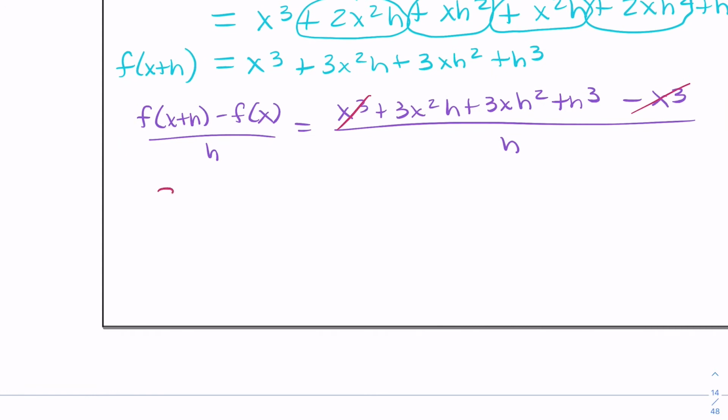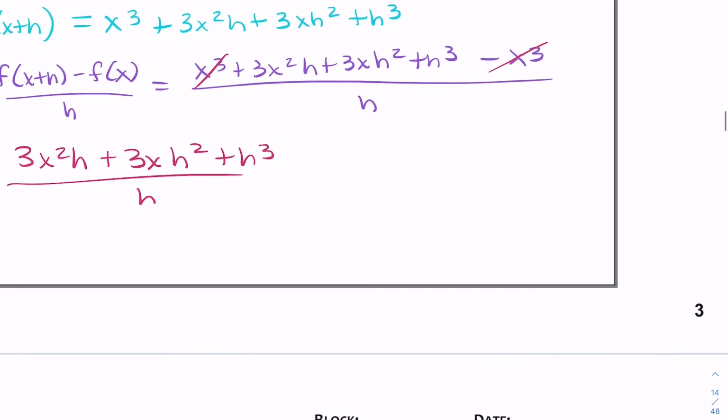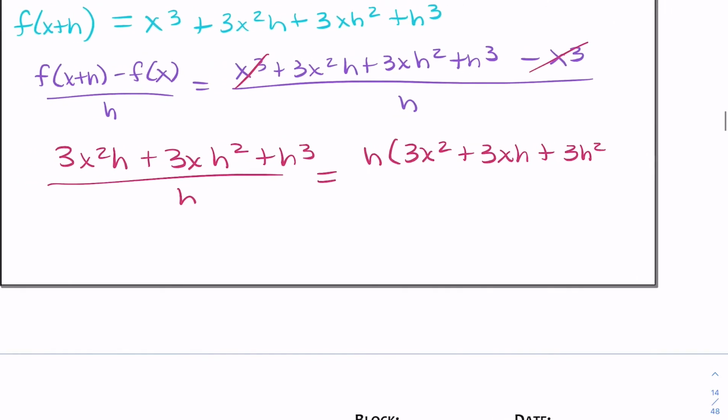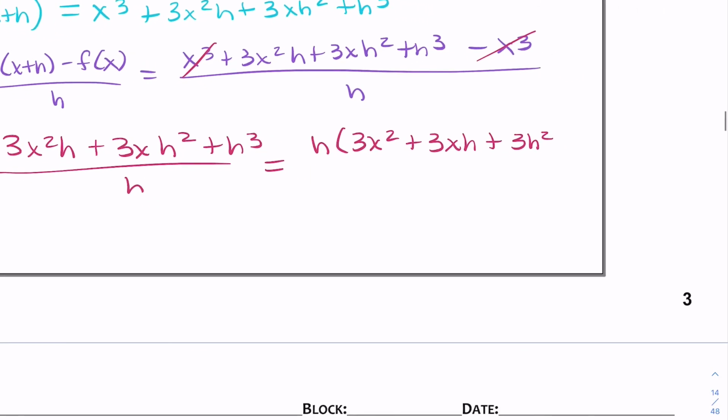What I have left over is 3x squared h plus 3x h squared plus h cubed over h. I factor out an h. 3x squared plus 3xh plus h squared all over h. We go like this, h's go away.